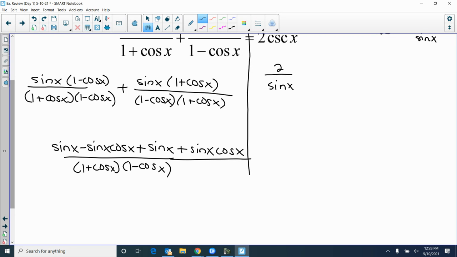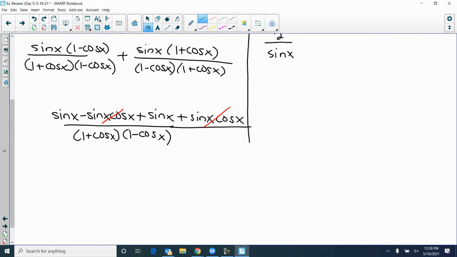So in the numerator, the minus sine of x cosine of x and plus sine of x cosine of x add up to 0. You're going to be left with 2 sine of x.